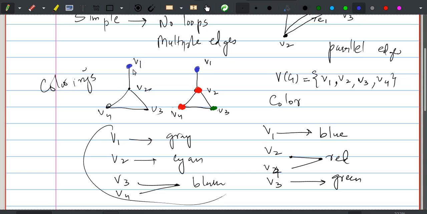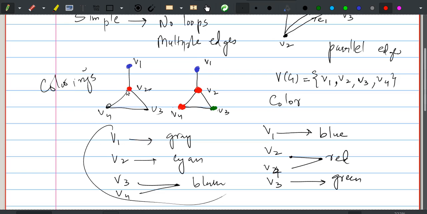So now this vertex is done. Now we have to look over all those vertices which are adjacent to V1. In this case V2 is the only vertex which is adjacent to V1. So V2 must not get the blue color. So let us pick some different color, magenta.